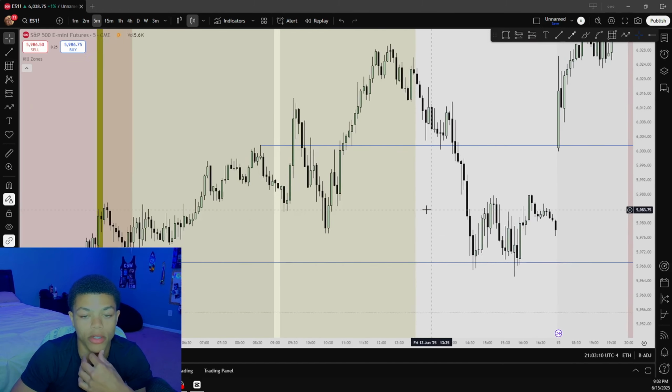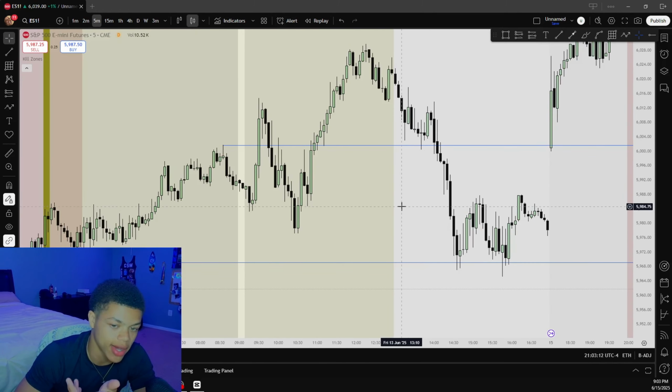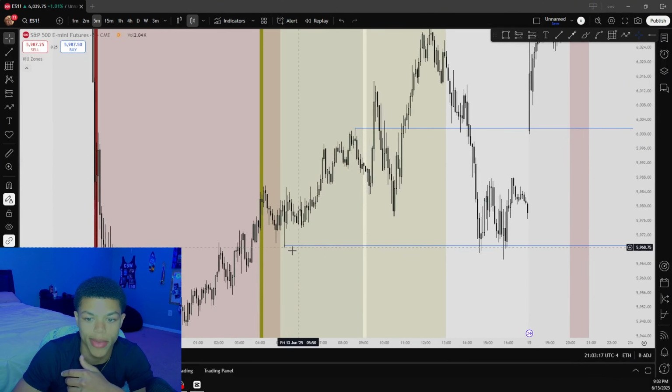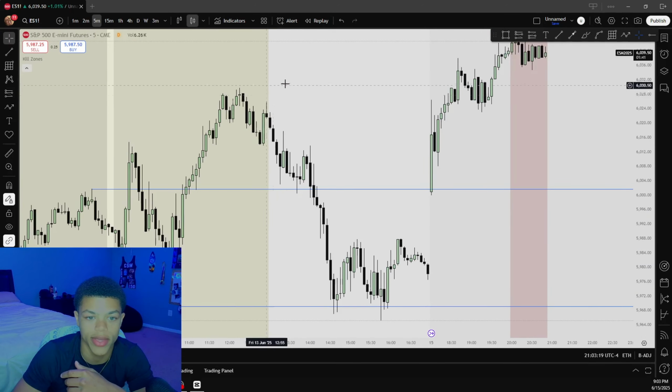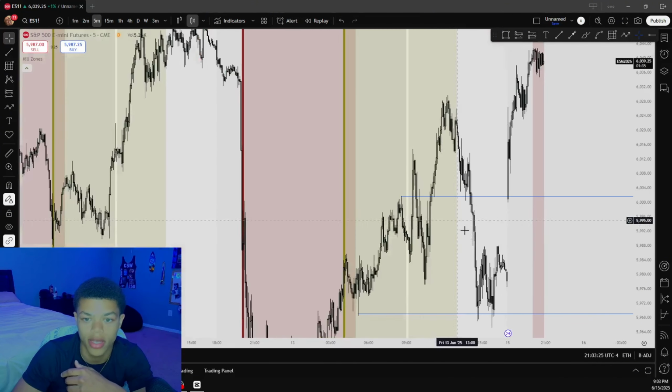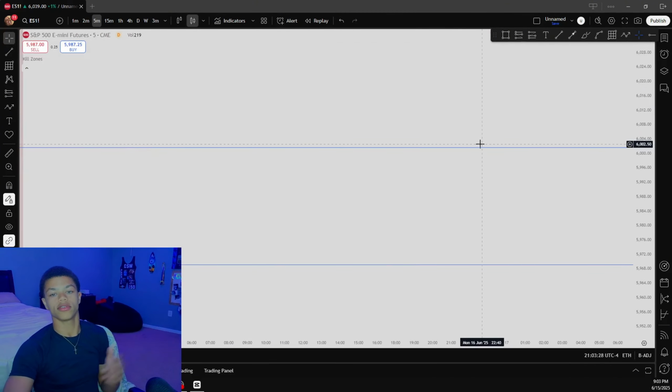But most of the time, market wants to take that out as a draw on liquidity. As we see here, London session, we made a low. In the New York session, we were higher, and then we came out and targeted this low specifically and came a little higher. All right, so now you guys know all the 4 forms of liquidity.